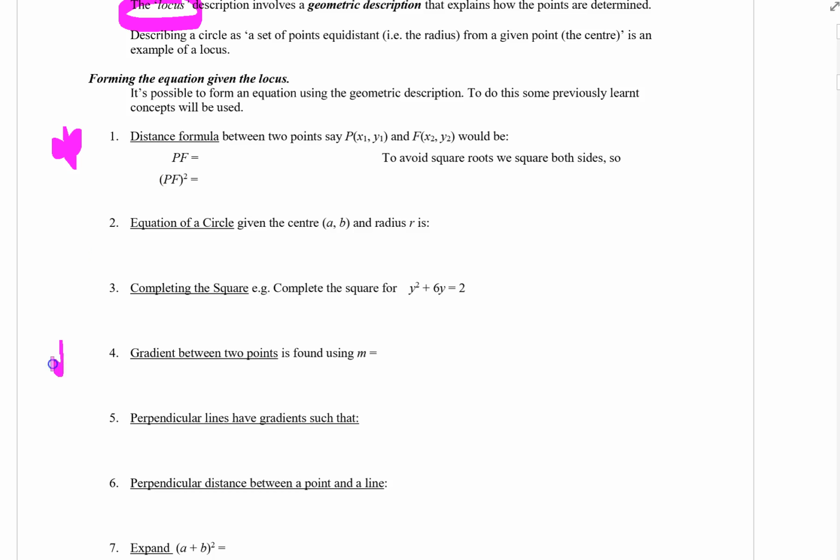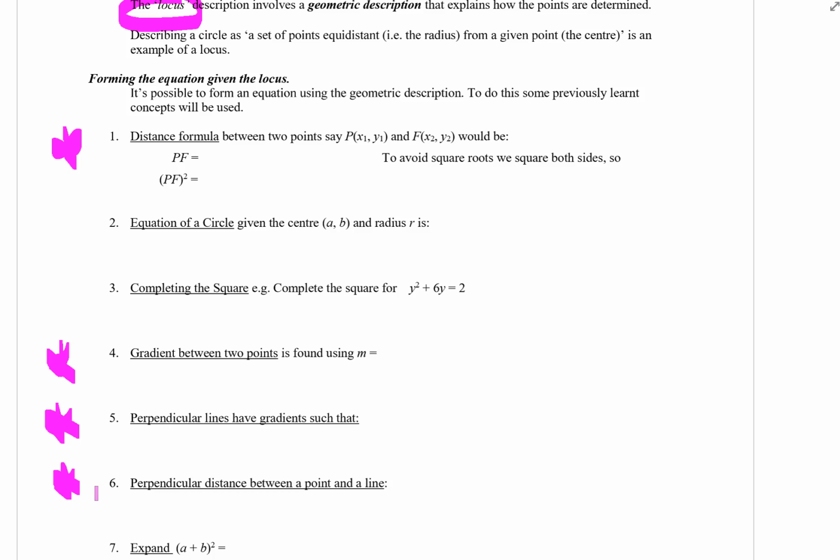They might talk about gradient, and we will revise that. Perpendicular lines, we'll revise that. Perpendicular distance from a point to a line may come up in the actual worded description. And once we've got these formulas, we're going to work with them and hopefully produce an equation that we're familiar with.